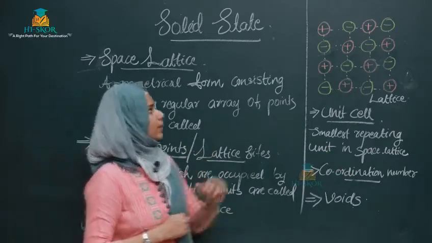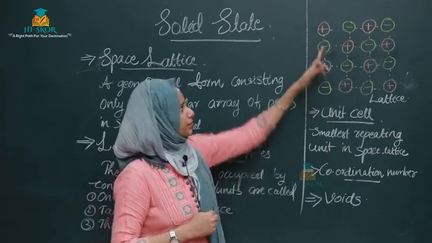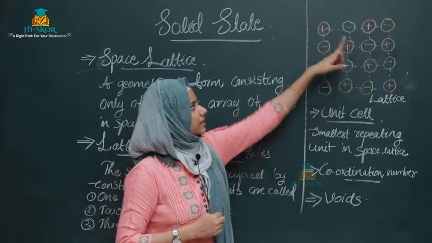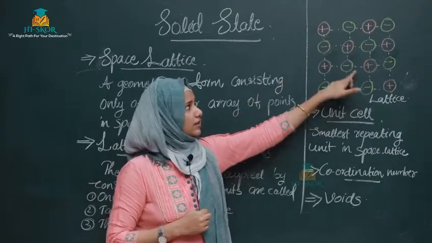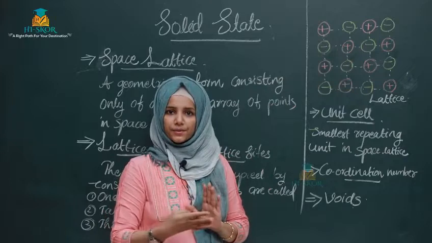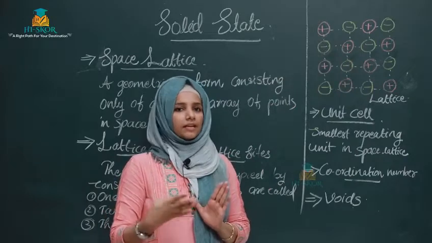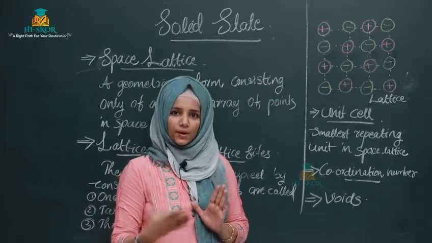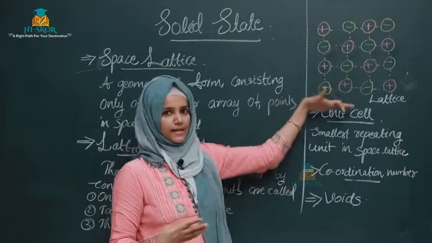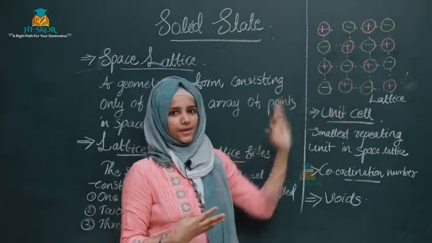In the previous class I told you about the crystal structure. Here the constituent particles are ions. What are constituent particles? They may be atoms, molecules or ions. In this example I took ions.